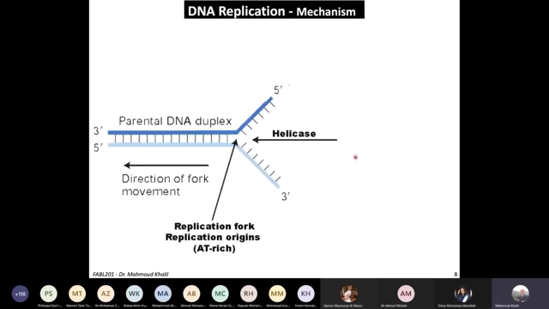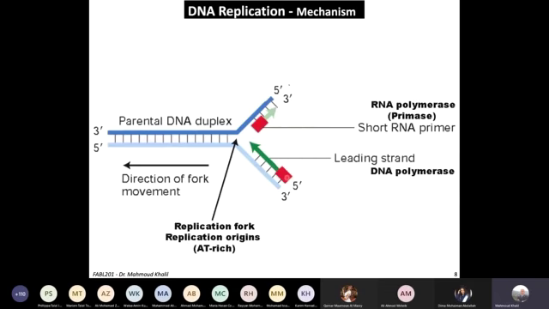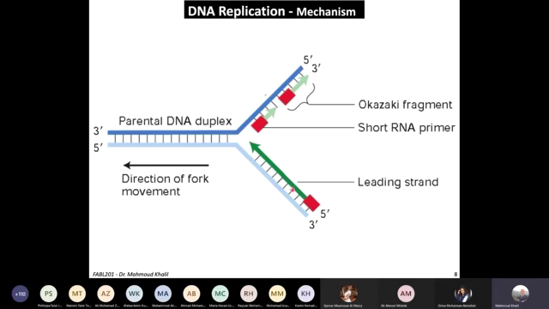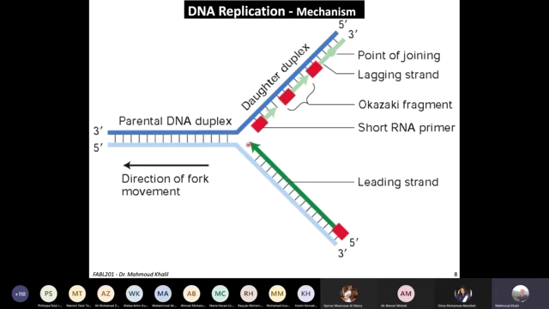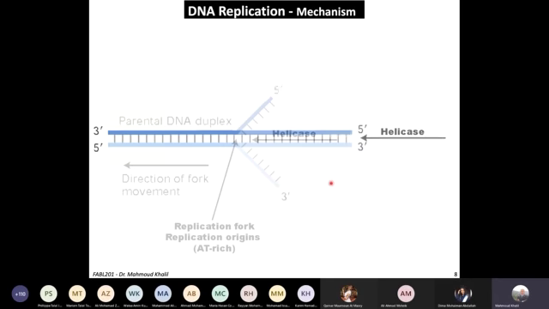So again, the helicase starts to work, the primer is there, the DNA polymerase starts to do its job from 5' to 3'. And you notice that this strand is replicated continuously. That's why this strand is called the leading strand.